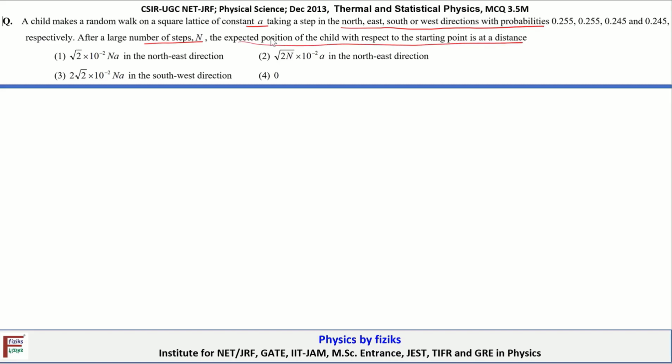Okay, so we can solve this problem as below. Let's first draw the basic directions in which a child can move and the corresponding probabilities along each direction. If you call this the north direction, the probability along north is 0.255.